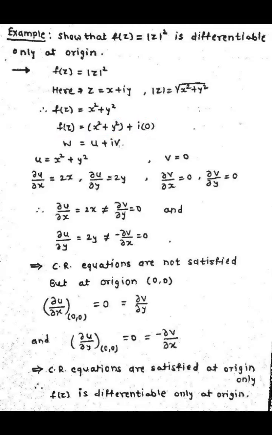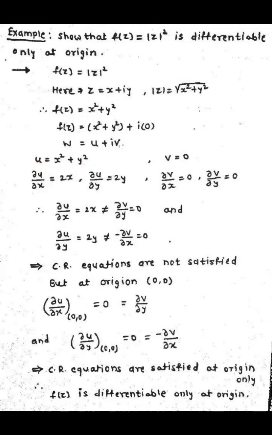So f(z) is exactly equal to w, and w is expressed in terms of u + iv. Here the real part is u, and the imaginary part is denoted by v. So u is x² + y².